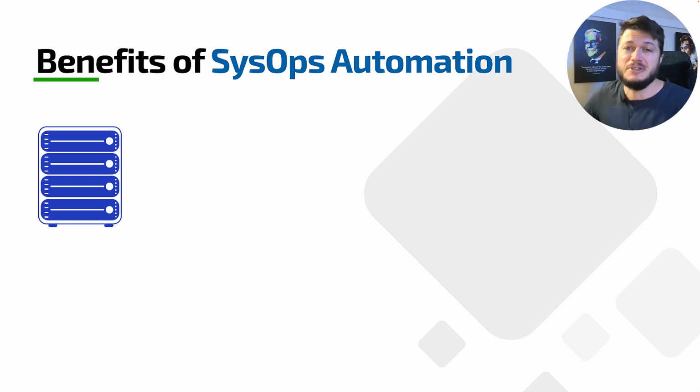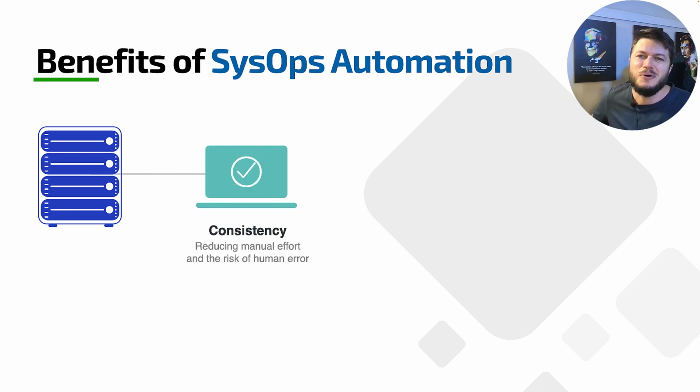There are several benefits to implementing SysOps Automation in your organization. First and foremost, automation tools can help SysOps professionals to perform tasks more efficiently, accurately, and consistently. Consistency reduces the risk of human error. Myself personally, I find it great that I can practice a process in a test or a development environment before rolling it out into prod.